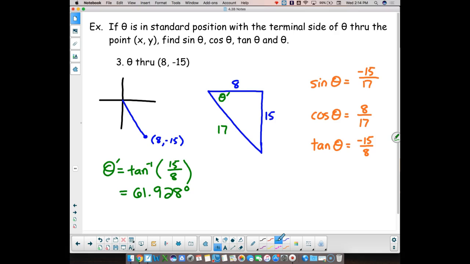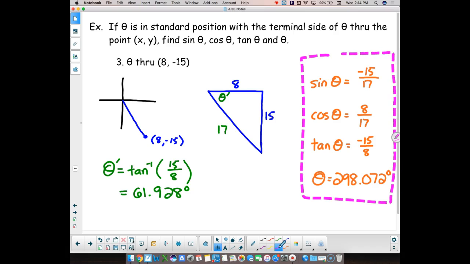Because we are in quadrant number 4, that means I'm going to go 360 minus that answer, and I'm going to get theta here is 298.072 degrees. Agree? So that's when it goes through a point.